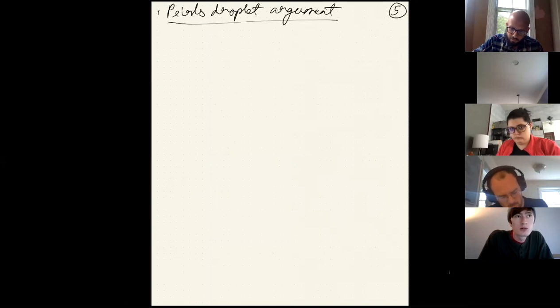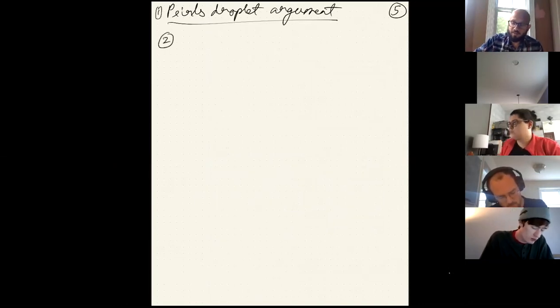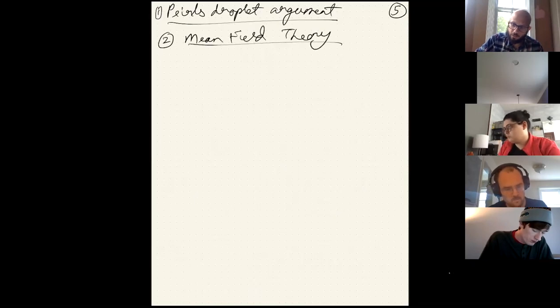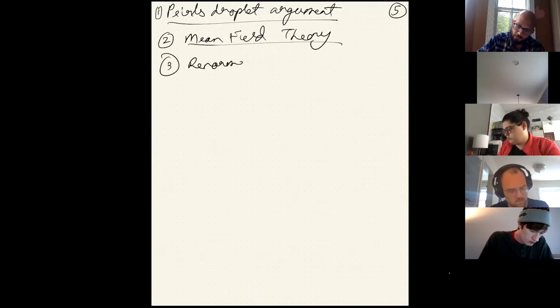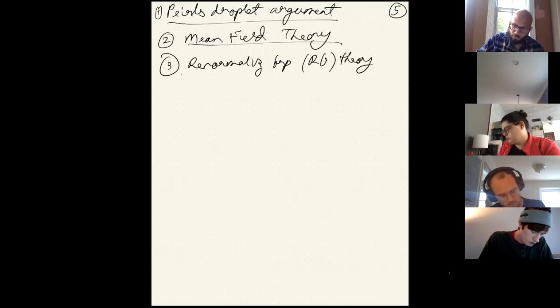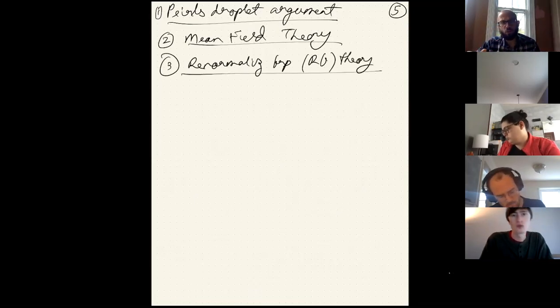We will first look at it from a Peierls' droplet argument. We are then going to look at these critical temperatures using something called mean field theory. And then we will look at the same critical temperatures from renormalization group theory, abbreviated as RG theory.